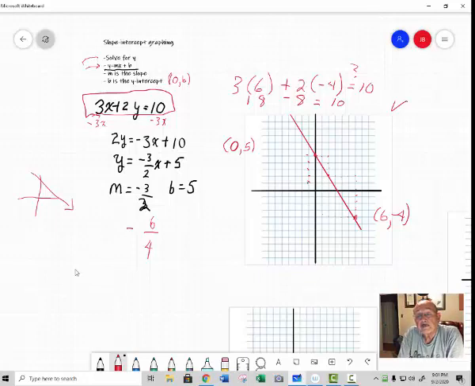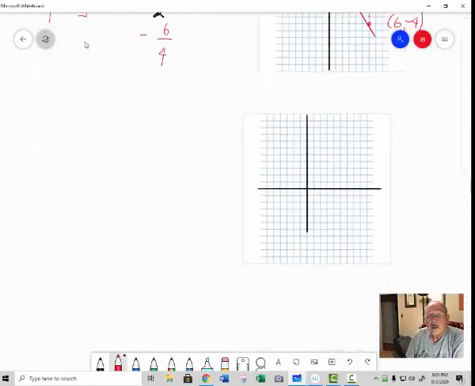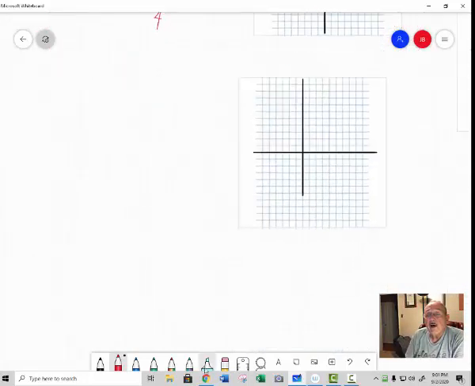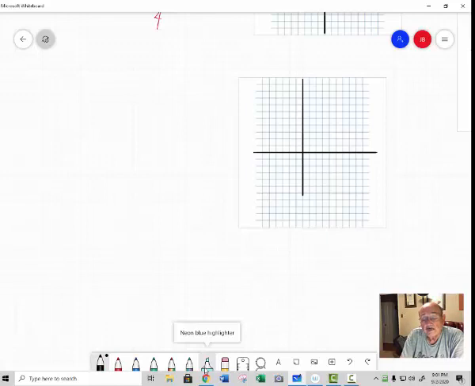Okay, let's go on to the next one. Let's change our equation a little bit. Let's use, how about 2x minus 5y equals 15.